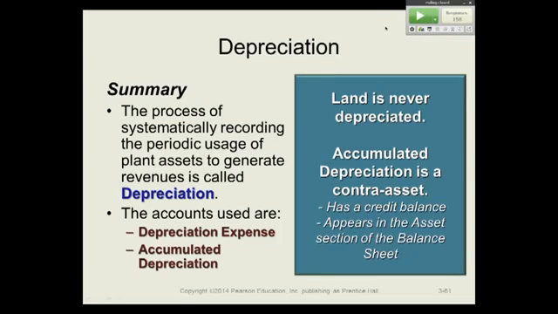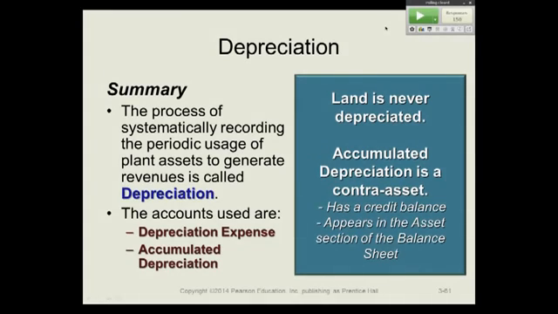It increases by a credit. What's the normal balance, by the way, of that account? Credit, right. So accumulated depreciation goes up by a credit, and its normal balance is going to be a credit balance.